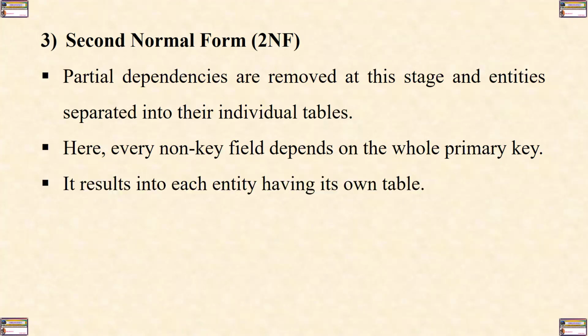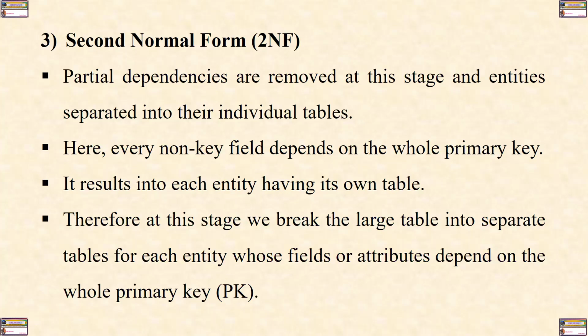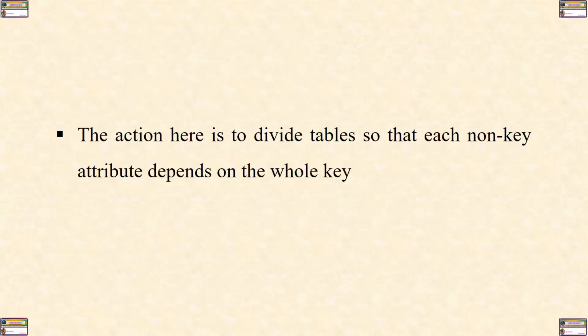It results in each entity having its own table. Therefore, at this stage, we simply break the large table into separate tables for each entity whose fields or attributes depend on the whole primary key. We are going to see what all this means in the next few seconds in this presentation.